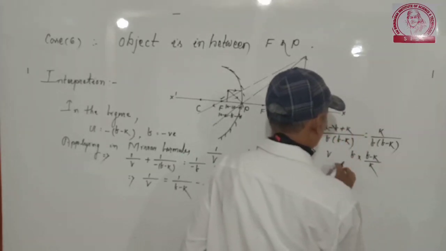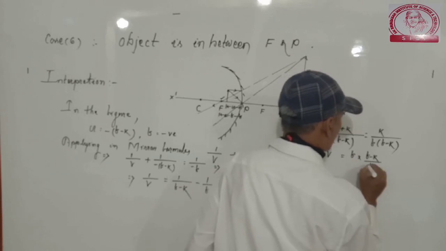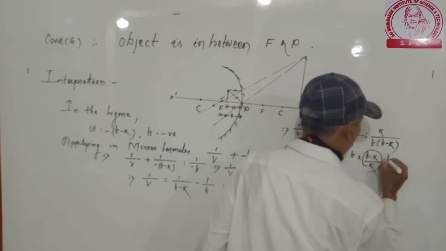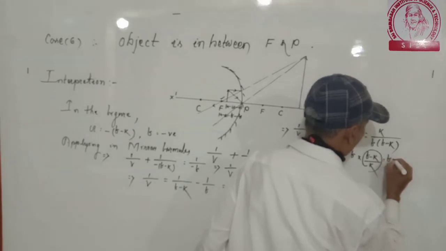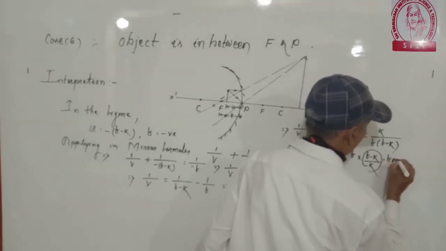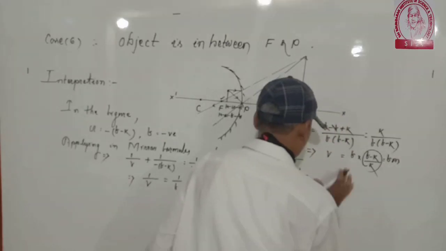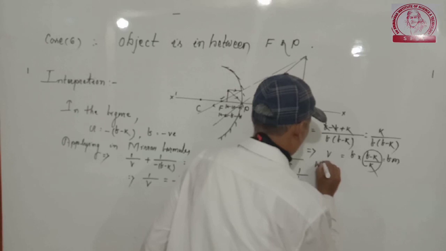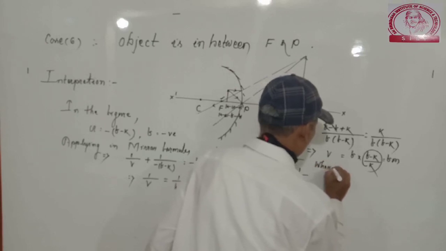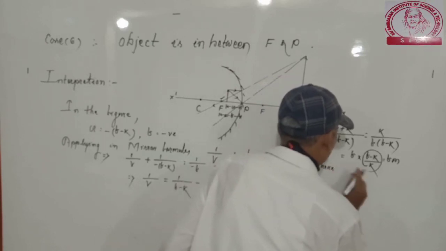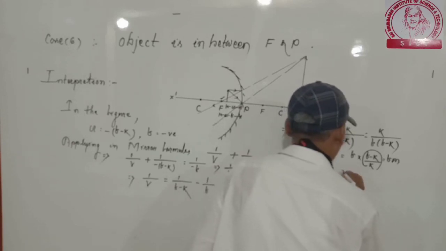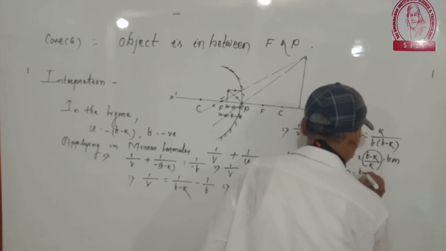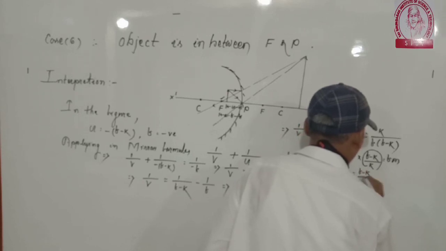This is no doubt your M. v is equal to f into M, where M is equal to (f minus k) by k.